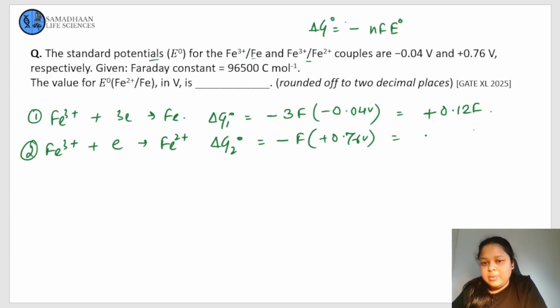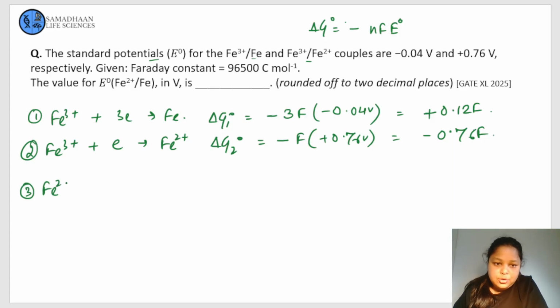So this will be minus 0.76 into F. Now we have to calculate the E naught for this third system: Fe2+ plus 2 electrons to form Fe, right? Now see that if we do reaction 1 minus reaction 2, then we get this reaction 3, because Fe2+ comes to this side, Fe3+ cancels out, and 3 minus 1 gives 2 electrons.